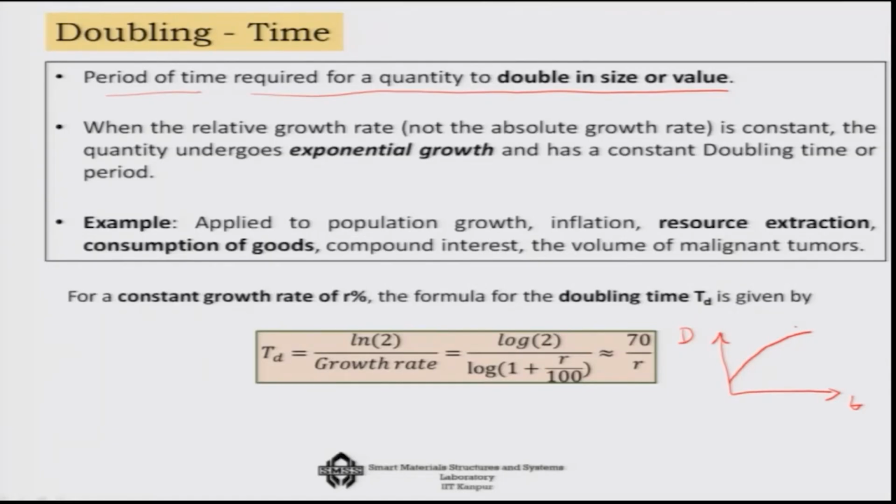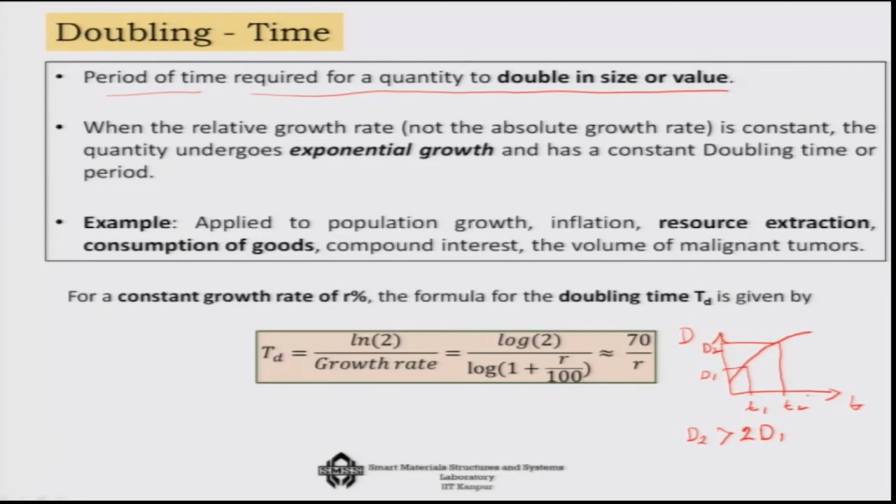If at a particular time t1 the demand is d1, how much time would it take, say t2, to go to d2, where d2 is actually twice of d1? That timing needed between t1 and t2 is the doubling time.